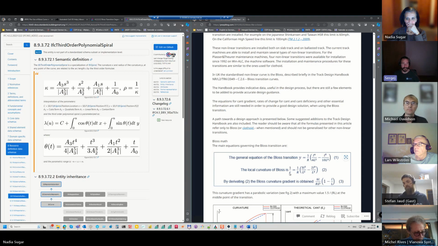But this is generic, right? This is completely generic how you should calculate values for these terms. You are supposed to take the A3 here and put it in.